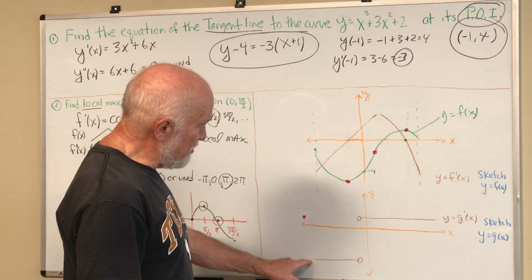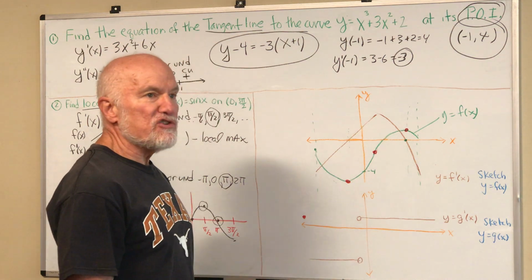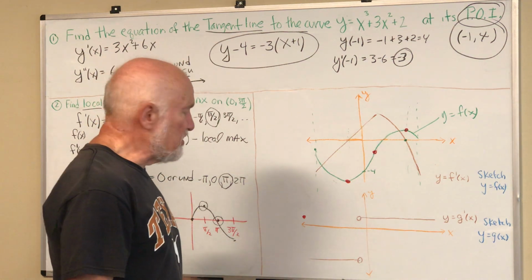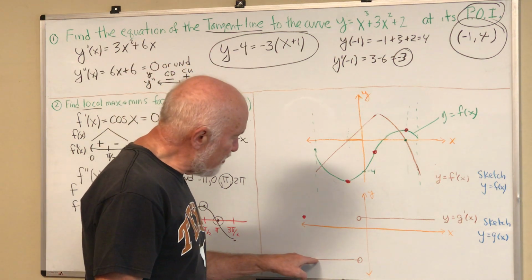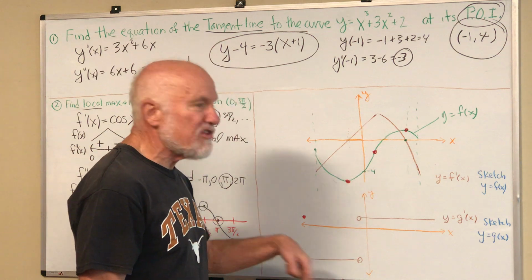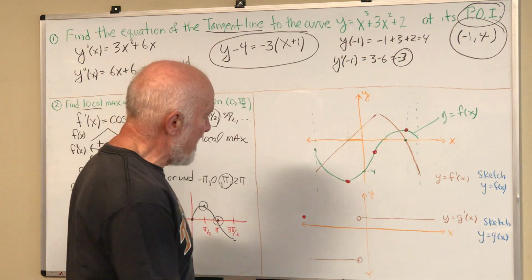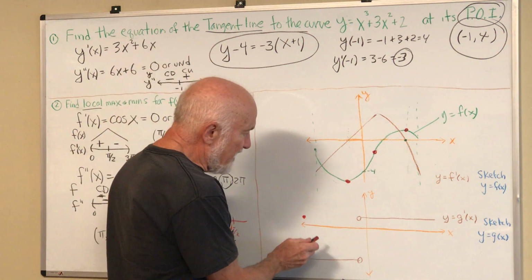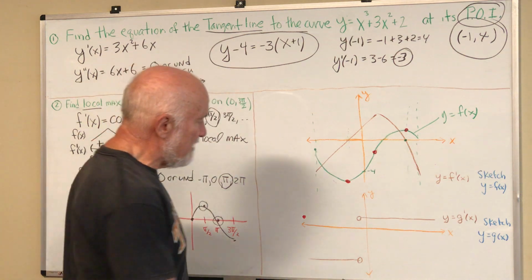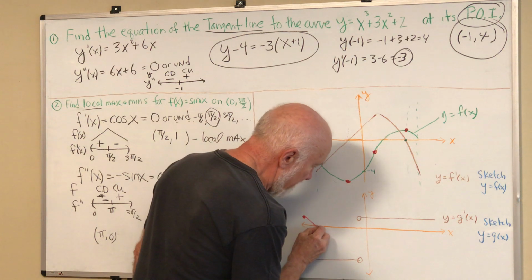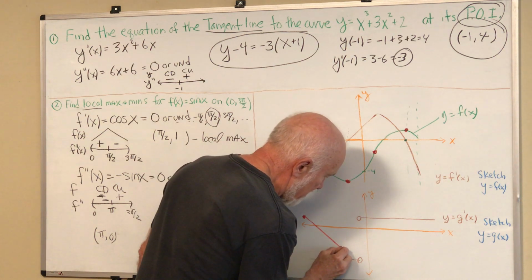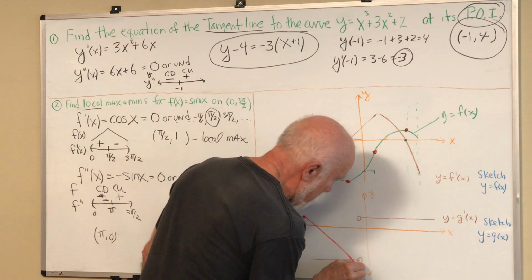The derivative values are all negative, so the function has to be going down, but the derivative is neither increasing or decreasing. All the y values of the derivative are the same negative value. So I know that I'm not going to be concave up or concave down. I'm going to be straight, whatever the slope happens to be.